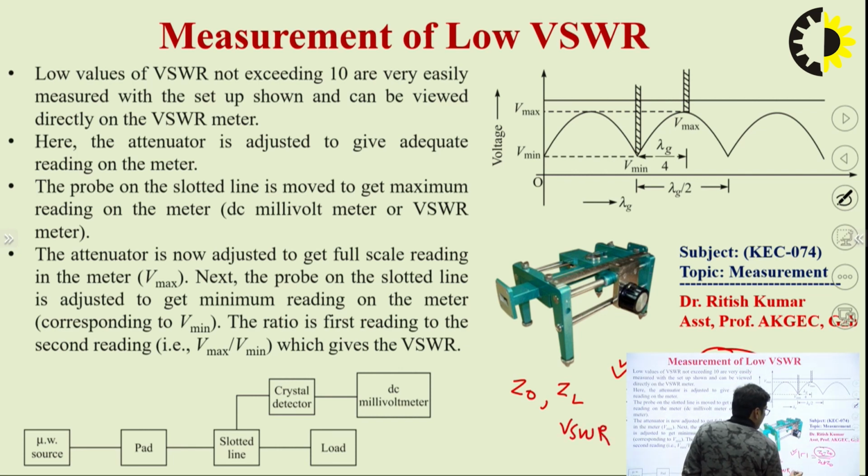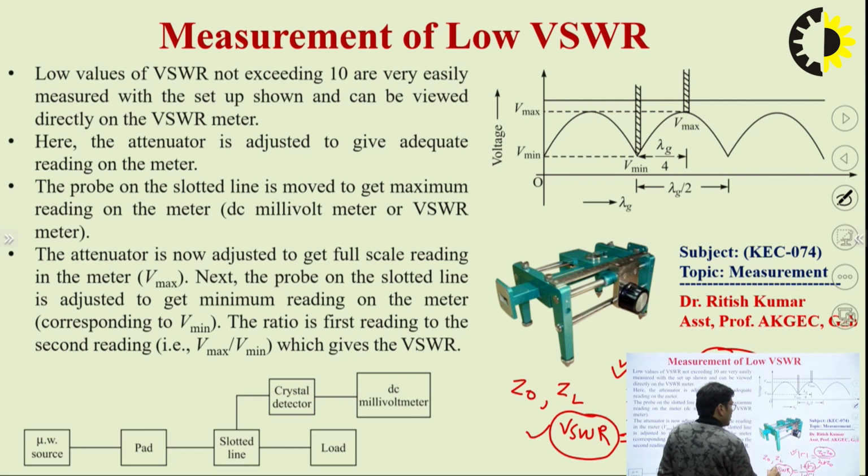Because VSWR is 1 plus the reflection coefficient divided by 1 minus the reflection coefficient. So, if the reflection coefficient becomes large, we will have a large value of VSWR. So, in the mismatched condition, we always have a VSWR pattern within the waveguide.